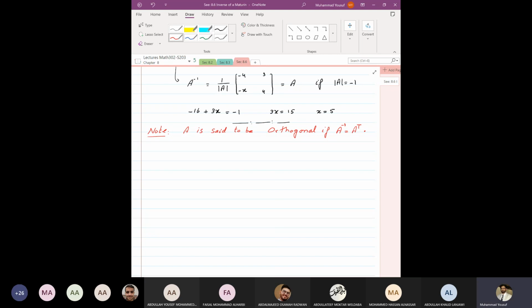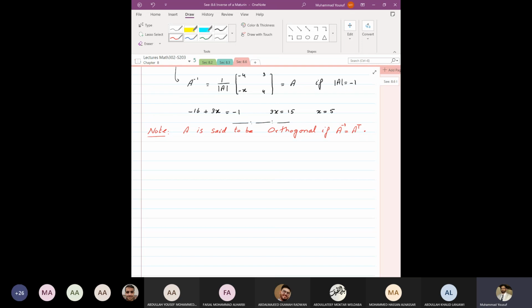Now there are some questions about solving the linear system using matrices. Nothing new needs to be done to solve a linear system using matrices.